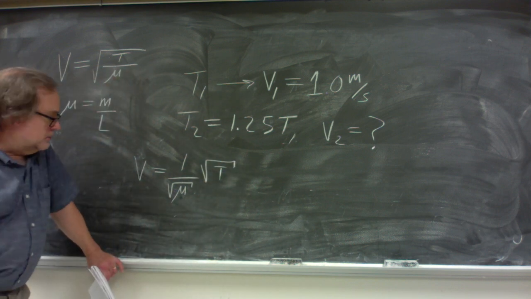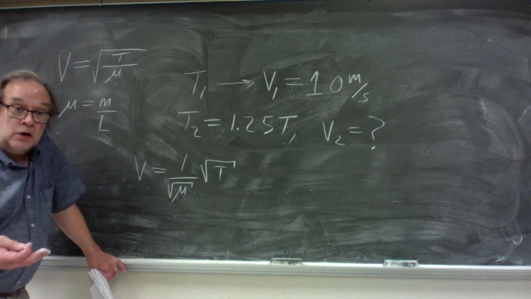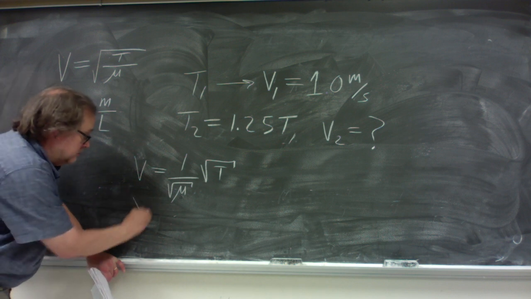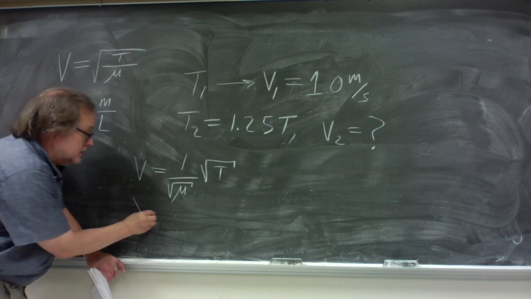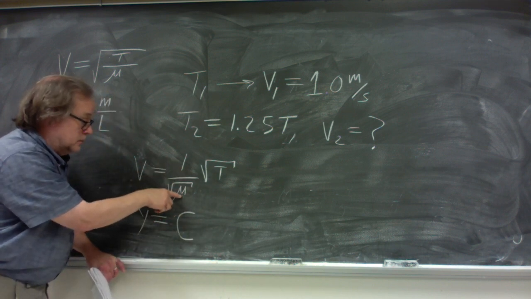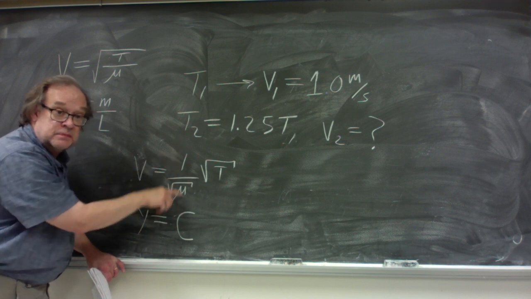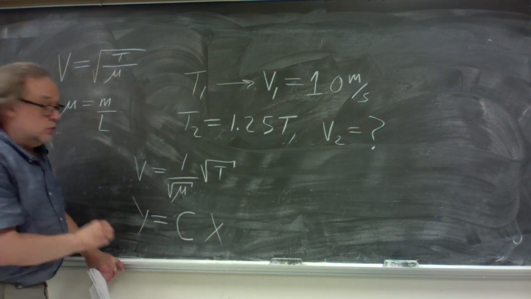And now you've got an equation that's in the standard form of direct proportionality, where you've got some variable, speed in this case, equals a constant factor. Right? We did not change the string, so this did not change. This thing here is constant, times some other variable.